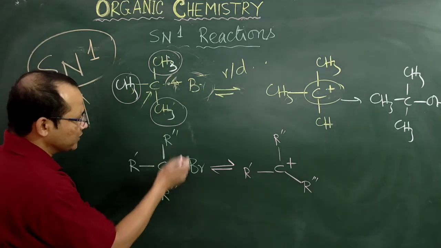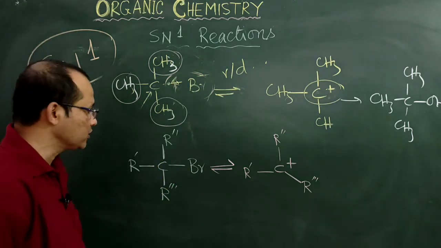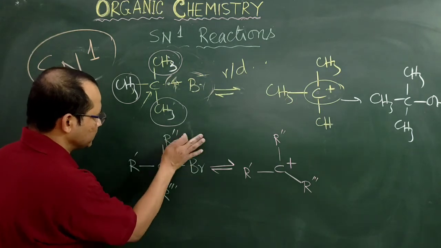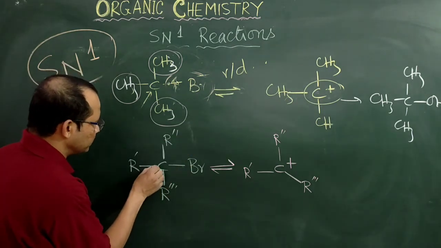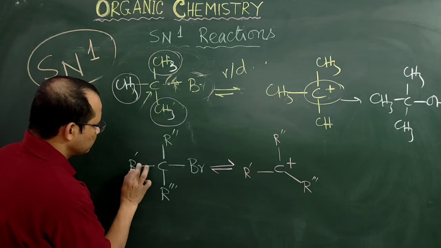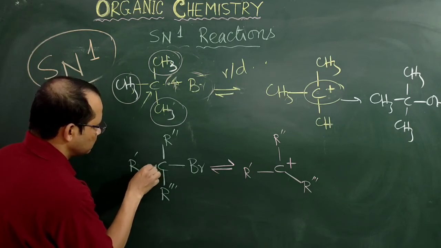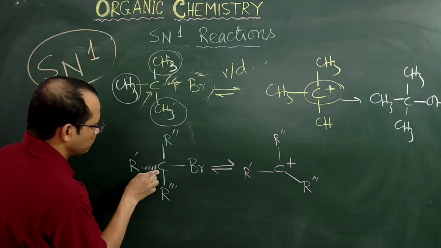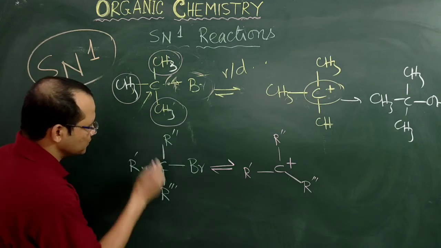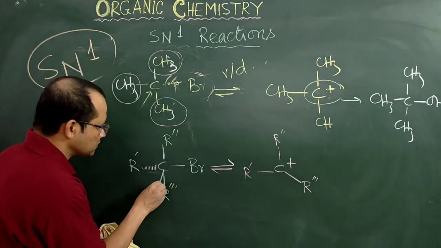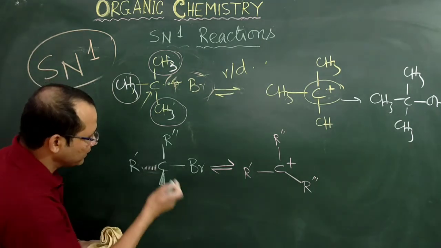Now if we write down the 3D structure of this molecule, then what will happen? Let us consider this one and this one, they are present on this plane, and this one is in the back side of this plane and this one is the closest bond which is above the plane.